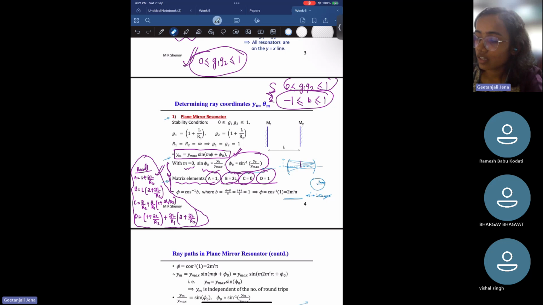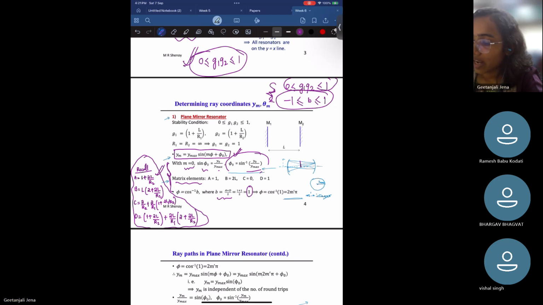So we have calculated the values of A, B, C, D. And b is related to A and D only. We have seen b is (A plus D) by 2. So from this, you will easily see b equal to 1. And if you recall, φ is nothing but cos inverse b.